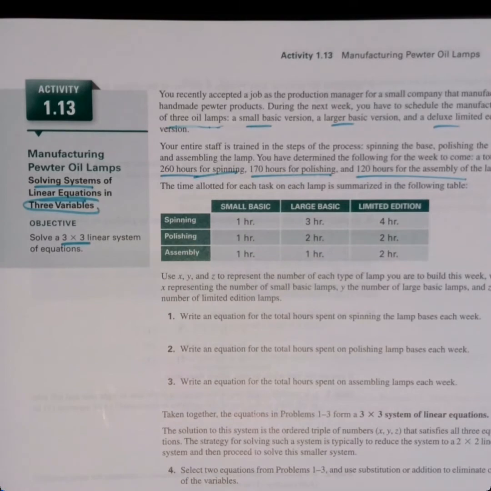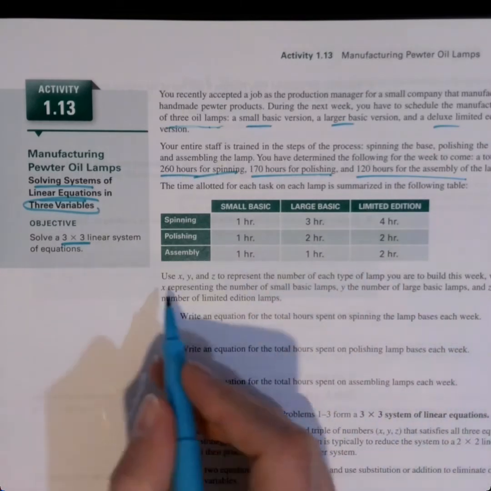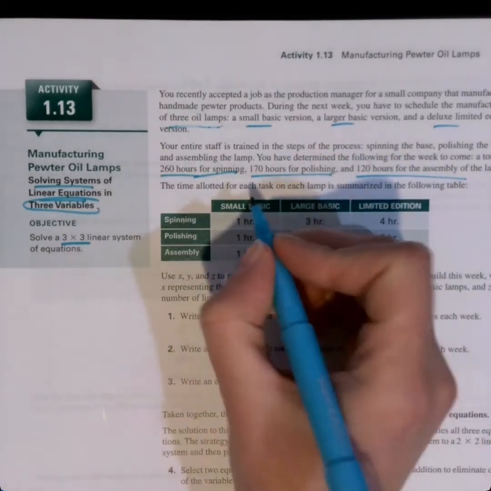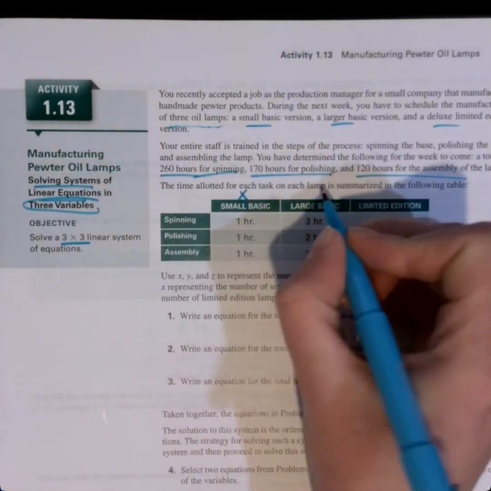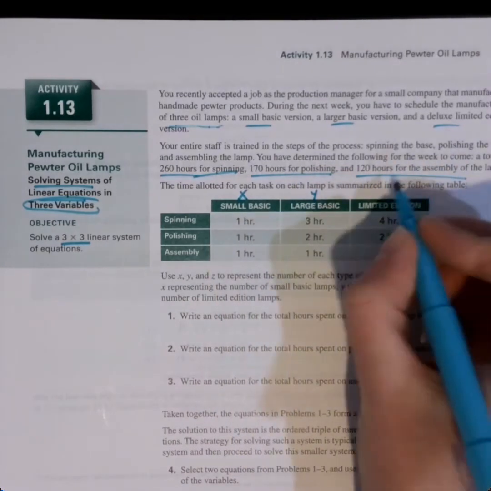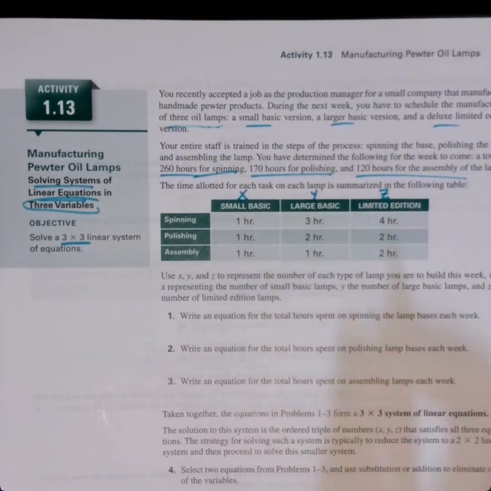So we're trying to figure out how many lamps we're going to be able to make if those are the man hours that we're able to accommodate this week. So we're going to use X, Y, and Z to represent each of the lamps. So our small lamps will be X's, our large lamps will be Y's, and our limited edition lamps will be Z's.